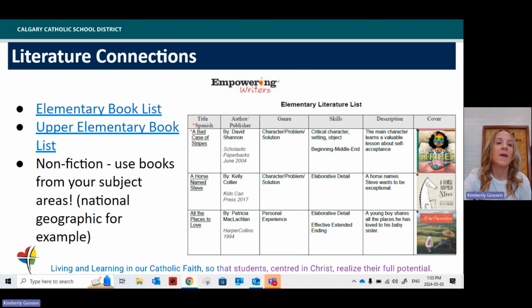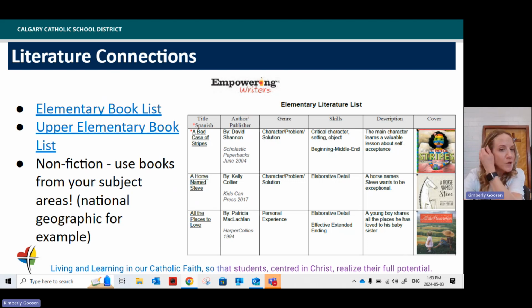Of course, the Empowering Writers, Barbara Mariconda resources are well used in our schools, and then were purchased for the grade 4 to 6 curriculum implementation. So they also have lots of mentor texts that you can use.